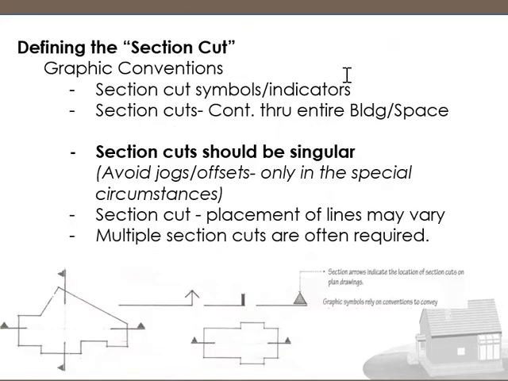Now, defining a section cut: the section cut symbols. How do we know if it's a section cut? Remember, when we went to our floor plans, we added those elevation marks. What did that define? It defined what view we were looking at on the floor plan. If I wanted the back kitchen wall, I made an elevation mark pointing to that back kitchen wall.